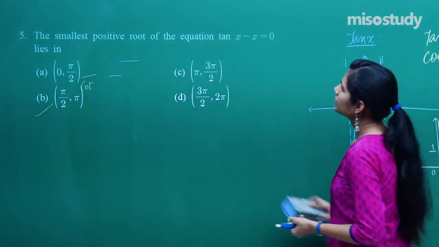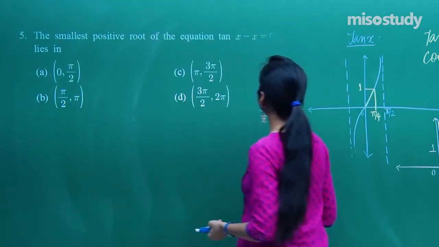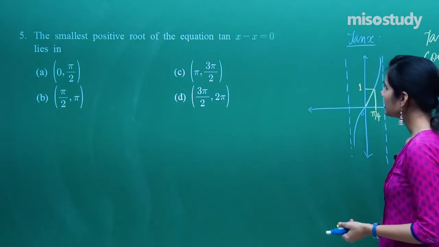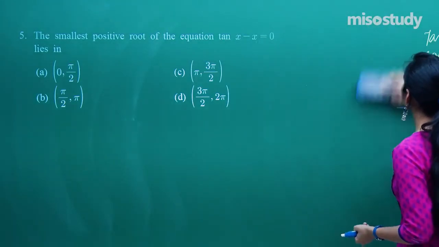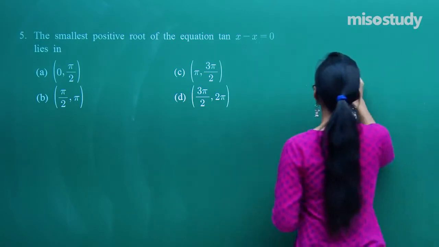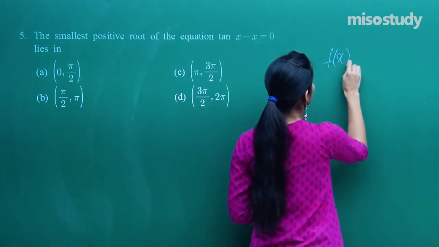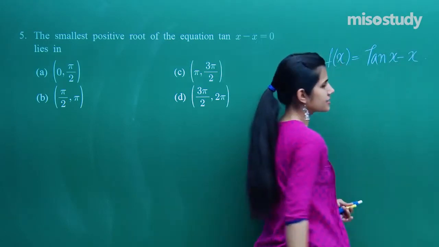Now, let's see what is the next question. It is saying the smallest positive root of tan x minus x equals 0 lies in which quadrant? Okay, so there is a function given to me, tan x minus x. Let's take f(x) to be equal to tan x minus x.